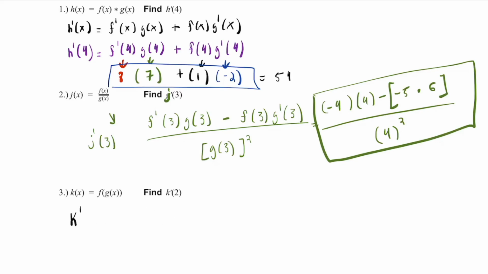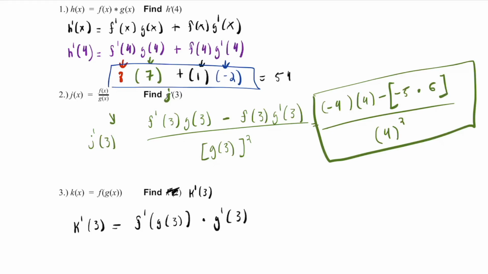We're going to find, instead of k prime of 2, and you'll see in a second, this will be a good clue. This is how I knew I did something wrong. It'll be how you knew you did something wrong. If I go to find k prime of 3, I need to find f prime of whatever g of 3 is and multiply it by g prime of 3.